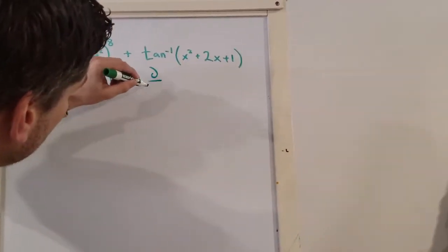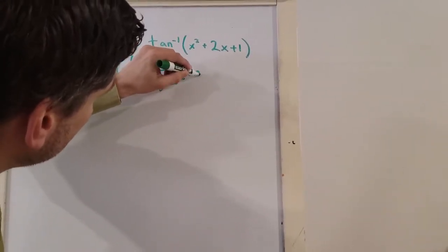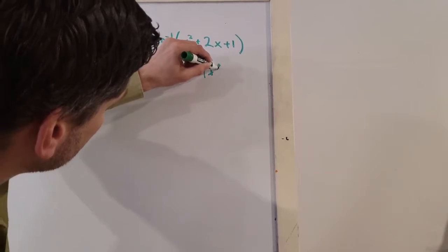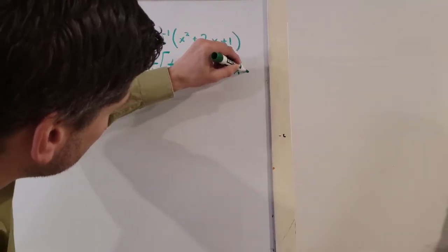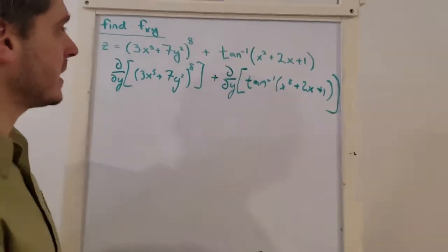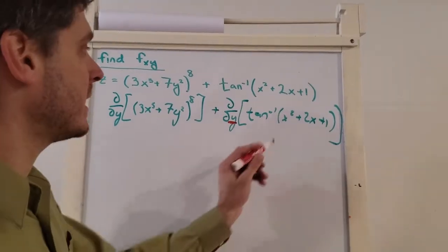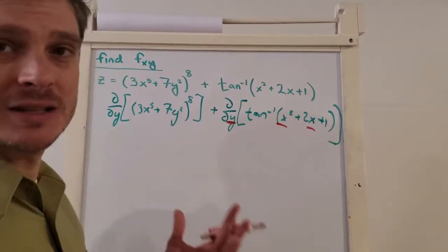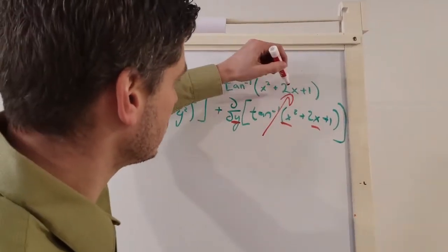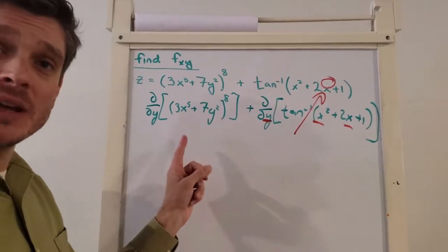Plus the partial y of the tangent inverse of x squared plus 2x plus 1. And again, the nice part is, since this is with respect to y, and the only variables are x's, it's a constant, and this entire thing is just going to 0. Which means I really only have to evaluate this part.